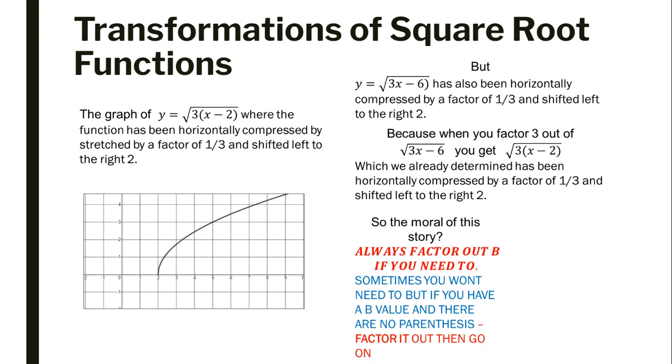Otherwise, you might say on an example like this that this function has been shifted to the right 6, but you would be totally wrong. It's only been shifted to the right 2. How do you know that? You know that because you factored the b value out. Pause now and take good notes of this.